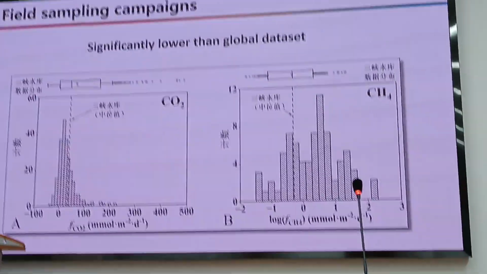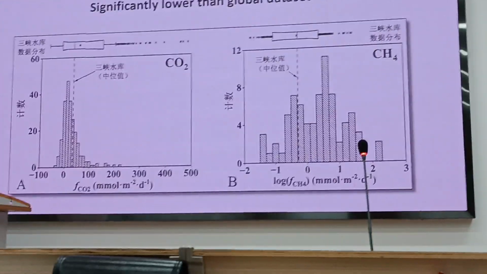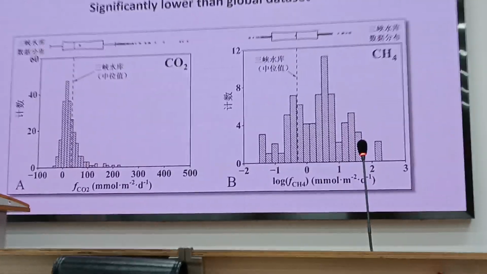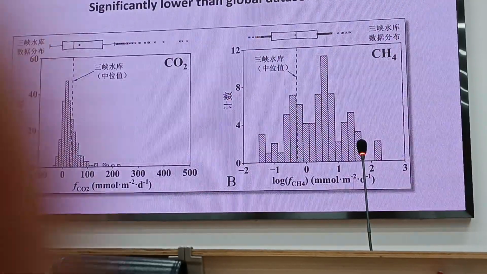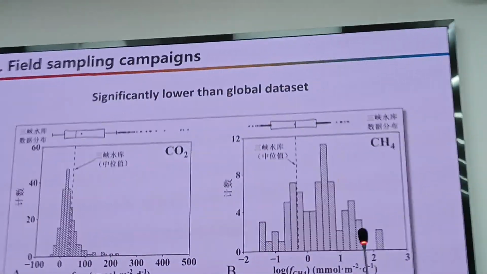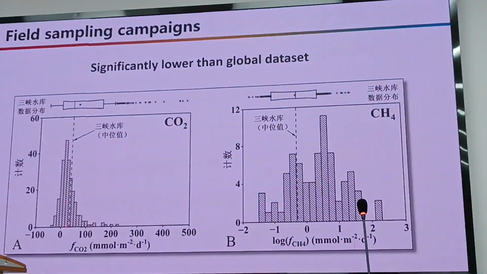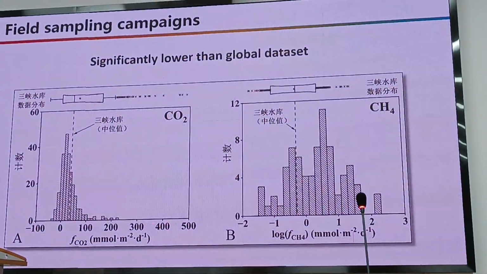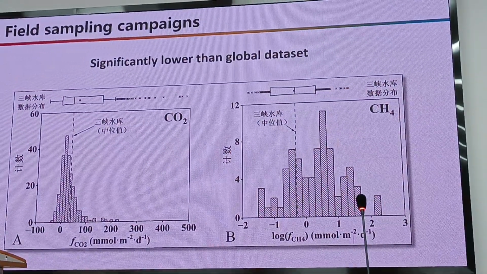And we compare to the global data sets. This data came from several publications from 2011 to 2015. You can see that this is the median value for the Three Gorges Reservoir, and this is the global data set. It is a little bit higher.